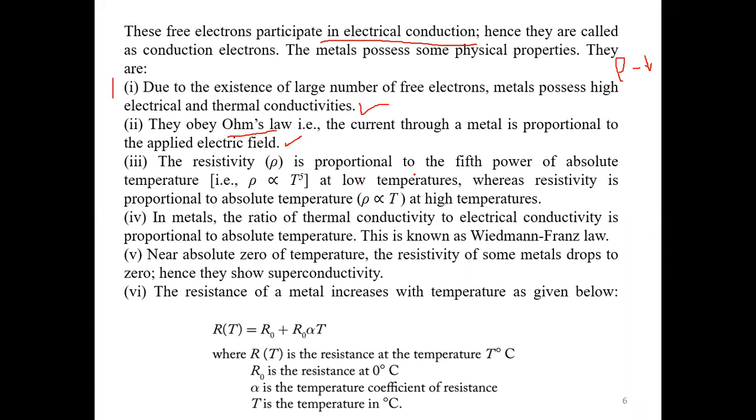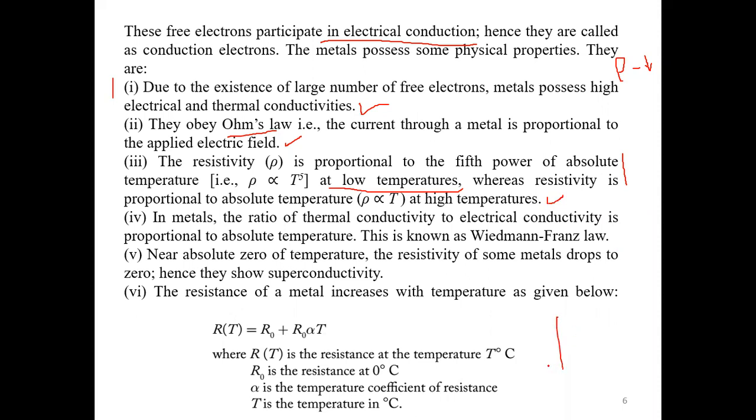And resistivity is proportional to the fifth power of the absolute temperature at low temperature. Low temperature means below the Debye temperature, whereas the resistivity is proportional to the absolute temperature at high temperature.